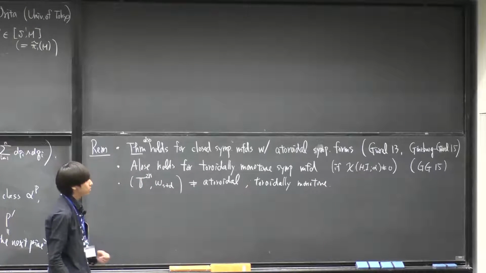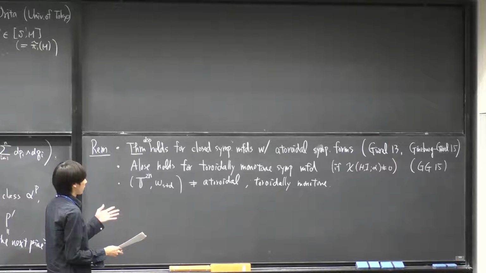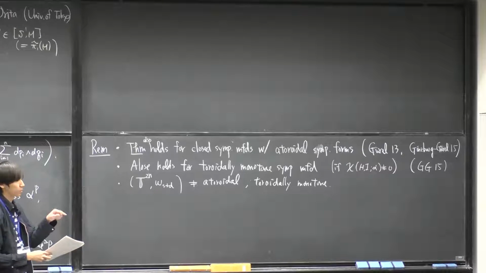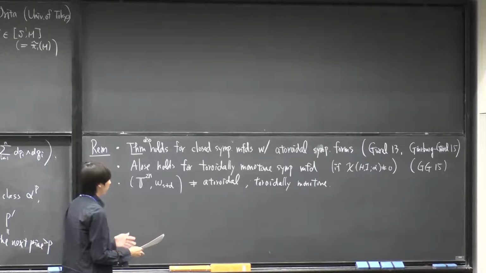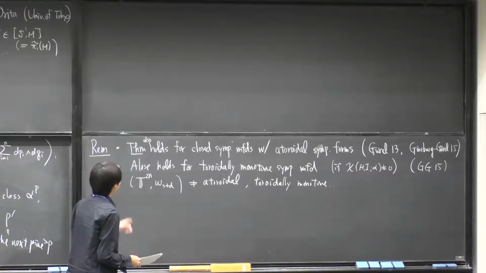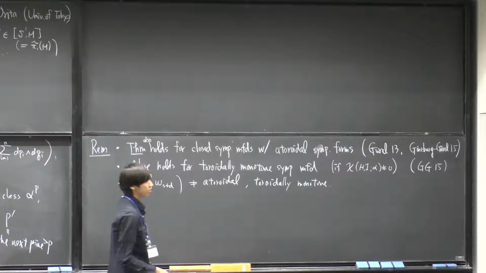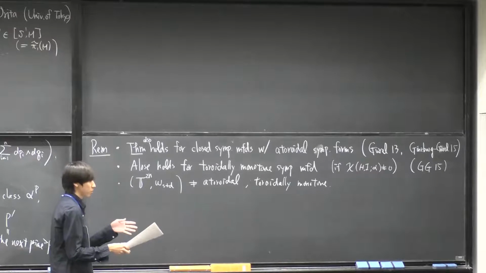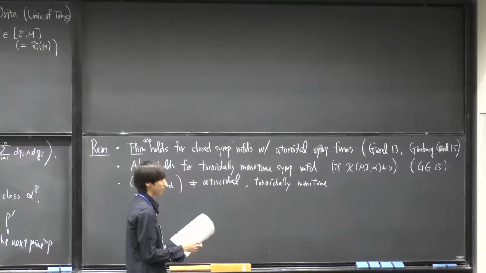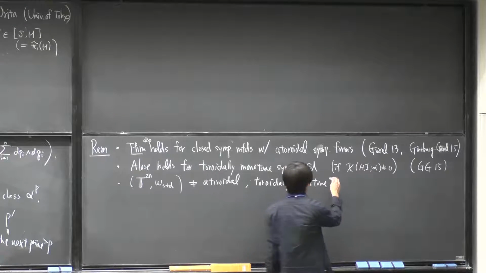In the atoroidal case, the action functional is independent of the choice of the capping, so we can use ordinary Floer theory. And in the toroidal monotone case, we should choose a capping, but they use augmented action filtration.